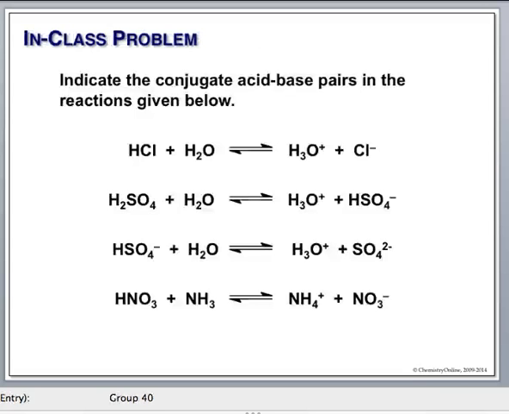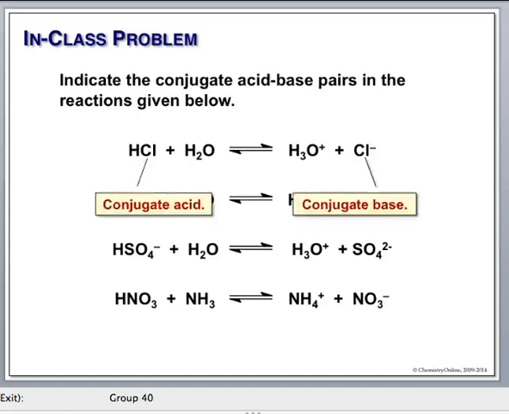HCl. When HCl loses a proton, what does it form? Chloride. This is the acid form. This is its conjugate base. If the conjugate base accepted a proton, what would it form? Its conjugate acid. If this acted like a Bronsted base, it would form its conjugate acid.